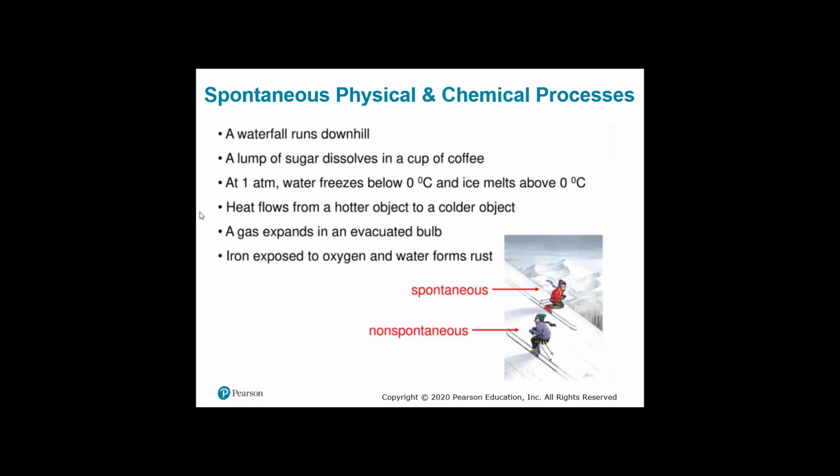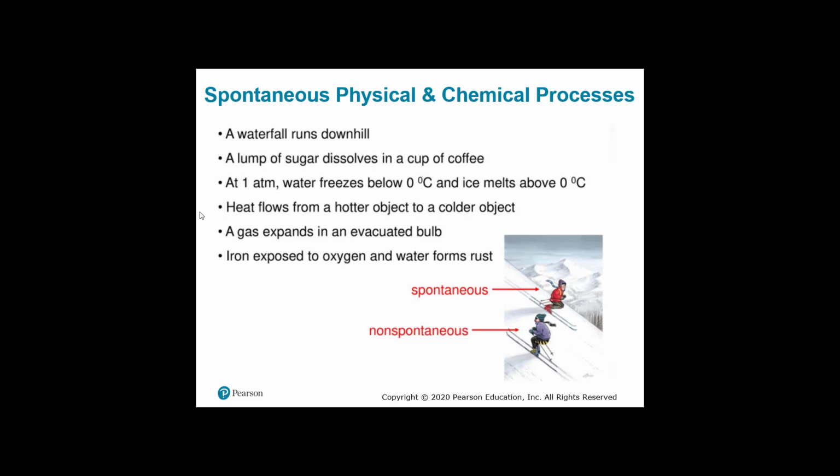So here are some examples of spontaneous processes. A waterfall runs downhill. It'll never go uphill without some kind of help. A lump of sugar will dissolve in coffee. It will never just stay intact. At 1 atm pressure, water freezes below zero, and above zero, it melts. Heat flows from a hotter object to a colder object, and gas expands in evacuated bulbs.